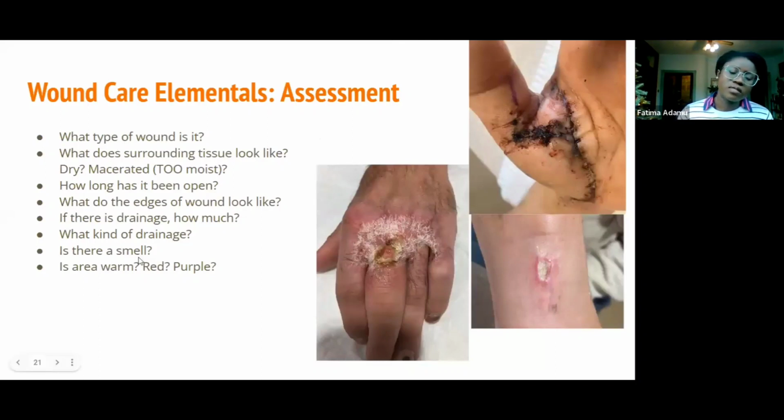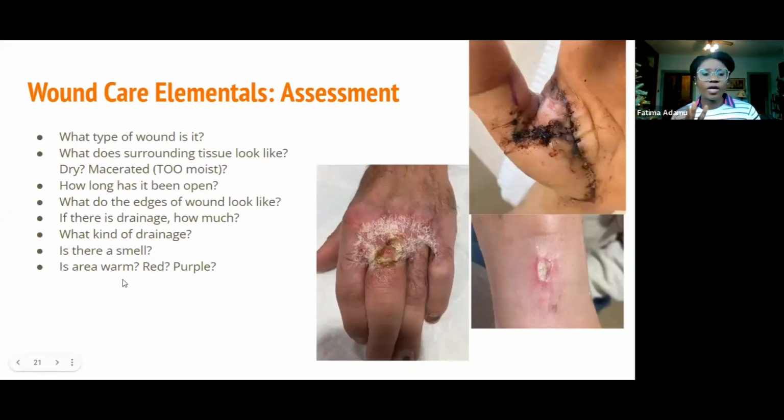Things to keep in mind: how long has the wound been open? What do the edges look like? So the edges of this wound versus the edges of that one. The edge of this wound is crusty and pussy, and also the finger is very swollen and tender, versus this looks like the edges are kind of knitting together very nicely. Is there drainage? Is there a smell?